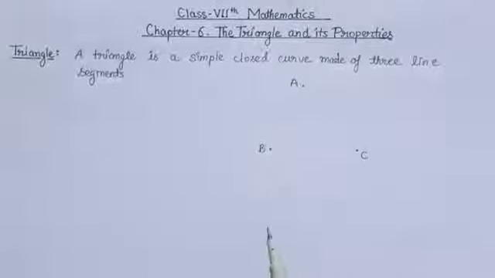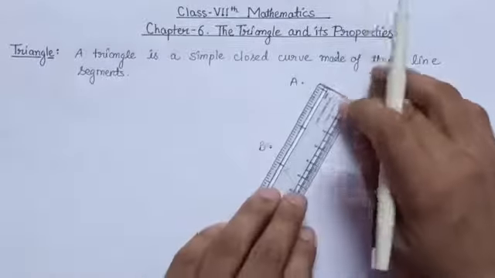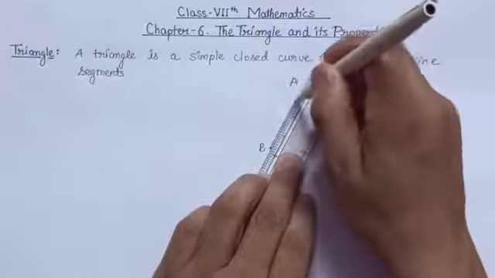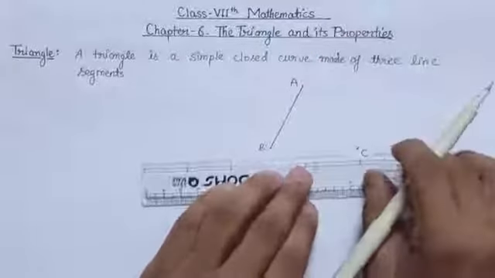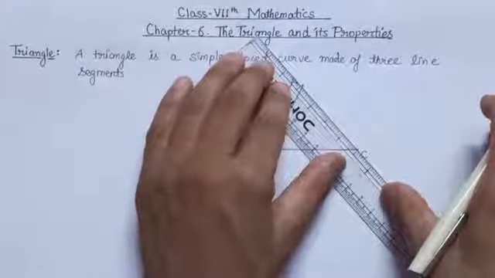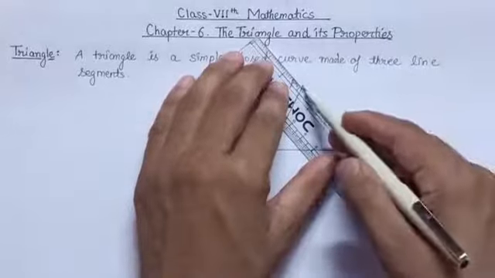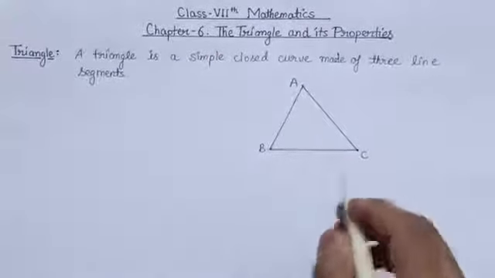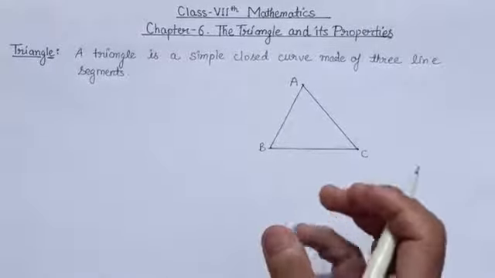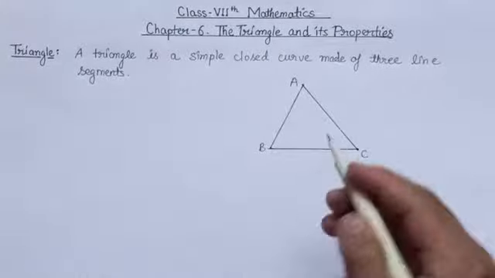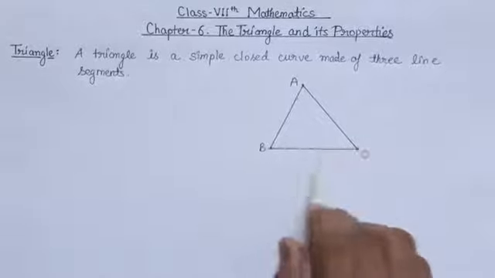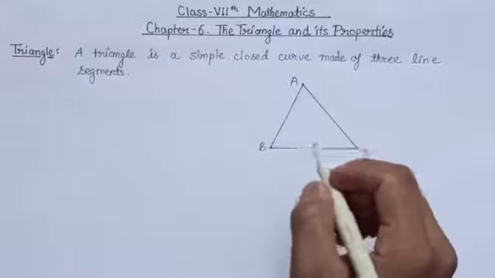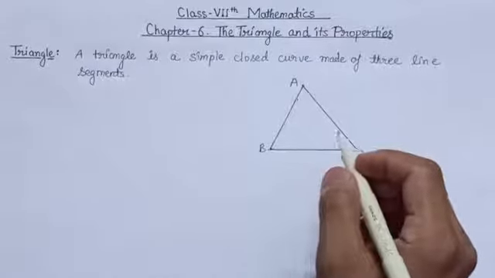Now let us join these three points. By joining these three points A, B and C, we obtain a closed figure by the three line segments AB, BC and CA. This closed figure is known as a triangle.